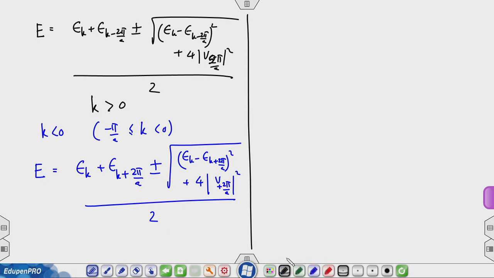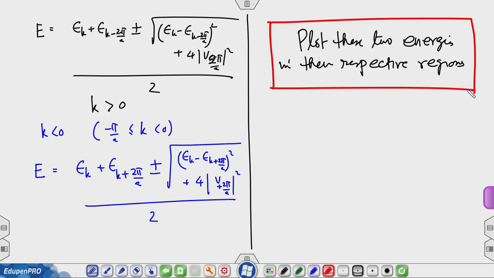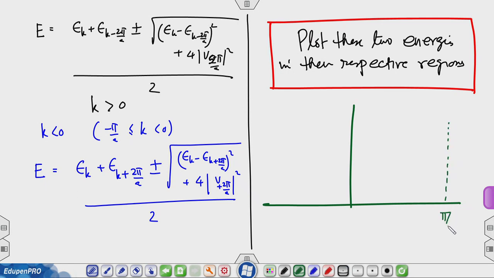So, what I would like you to do is plot these two energies in their respective regions using a computer, and what you will find is that this is the plot I get. I will plot it only from minus π/a to π/a, and for each k I am getting two different energies.